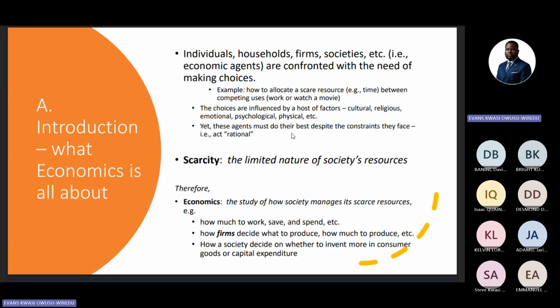So we are looking at how much to work, how much to save, how much to spend, how firms decide what to produce and how much to produce, how a society decides whether to invest more in consumer goods or capital expenditure, how an empire like Media General can decide to go for paying salaries or paying bills, and so on and so forth.